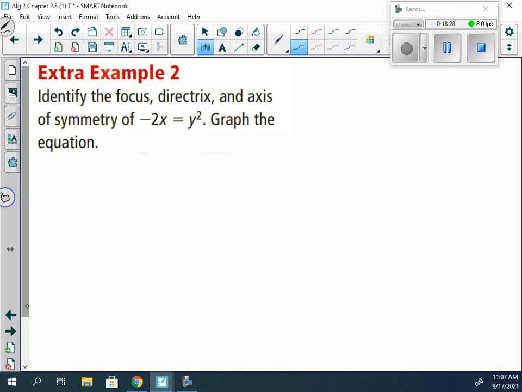Any questions on anything we've done thus far? So looking at this here, we have negative 2x equals y squared. So we know the vertex is going to be what? 0, 0.